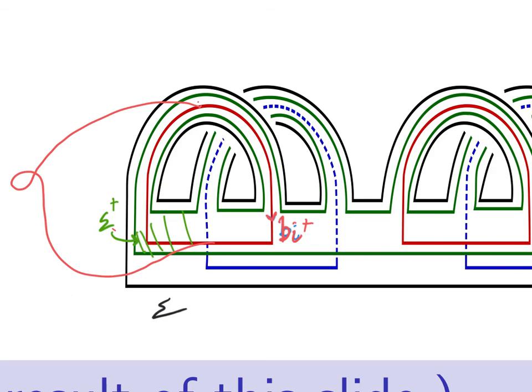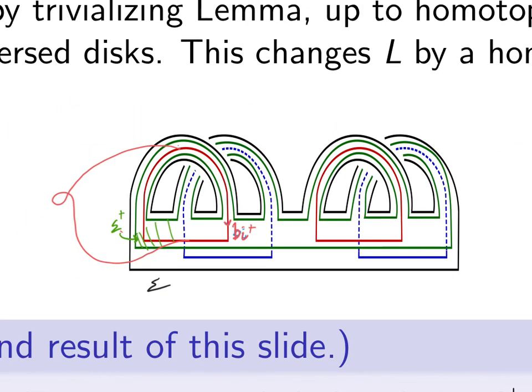And I'll do that at every one of these B_i pluses. I'll change sigma by gluing in one of these immersed disks. And remember, these immersed disks are allowed to have self-intersections, but they'll be disjoint from each other. So once I do that, I'll have replaced each component of sigma plus with an immersed disk, and all of those immersed disks will be disjoint. Now I'll do the same thing to sigma, except I'll use these A_i's. So these things also bound immersed disks.